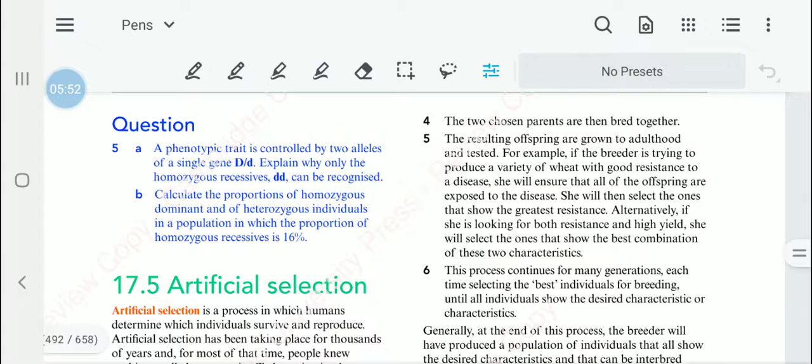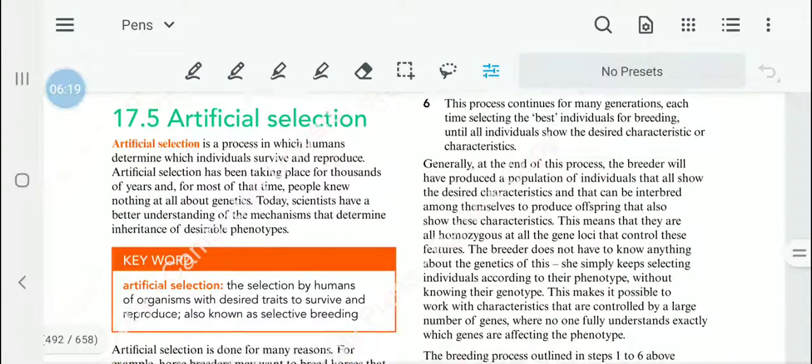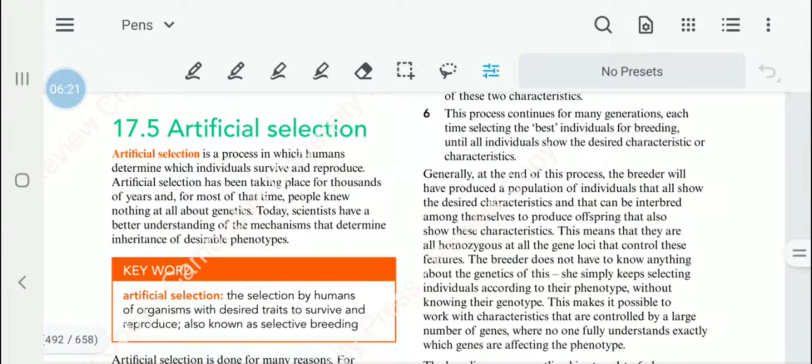When this reproduction goes on for many generations, selecting the best individuals for breeding, finally she will get a set of plants that has the desired characteristics, with higher yield and disease resistance. I hope you understood.